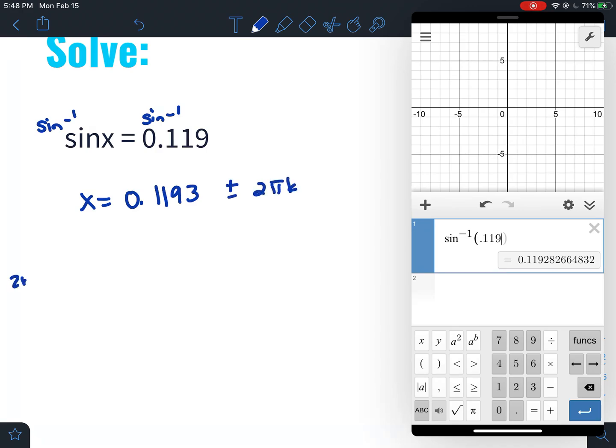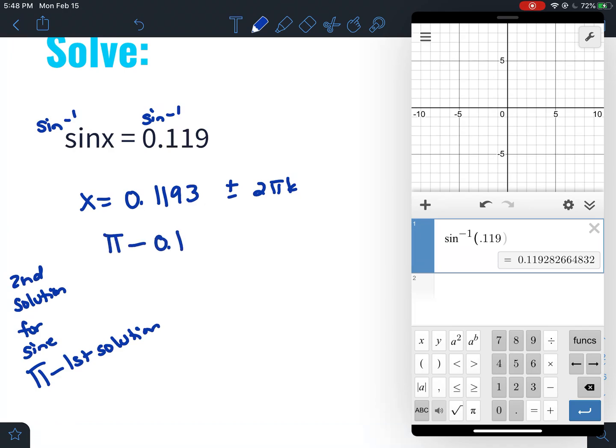And then remember to get your second solution for a sine, because remember we need two solutions. So the second solution for sine, you do pi minus the first solution. So we're going to do pi minus our first solution, and our first solution was 0.1193.